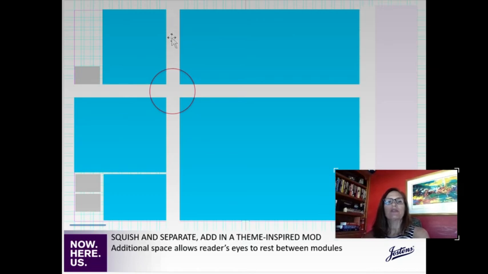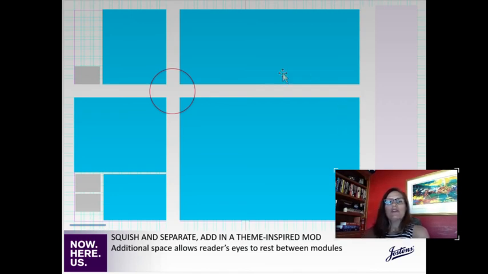This rail is 3 picas. You can widen that up and have it a little bit thicker if you wish to. That does depend on how you set up your grid system though, so keep that in mind. Again, you're always going to be starting and stopping on those grid lines.